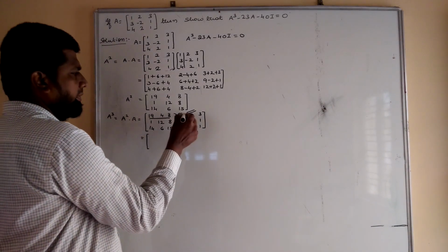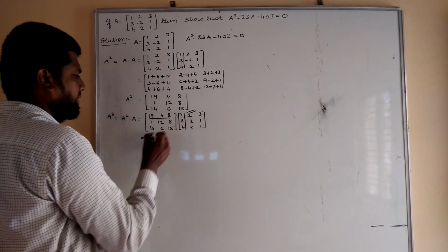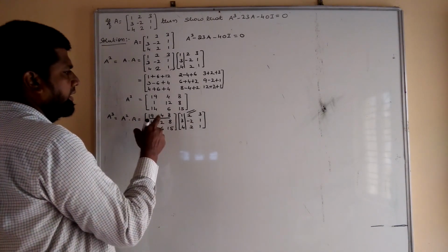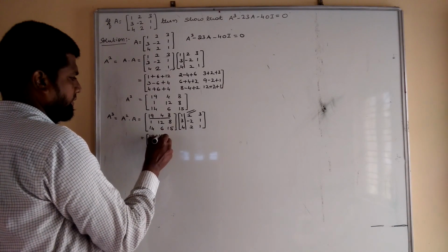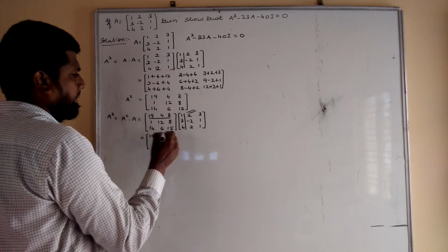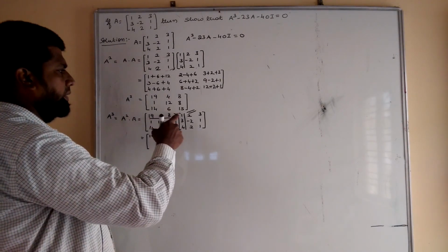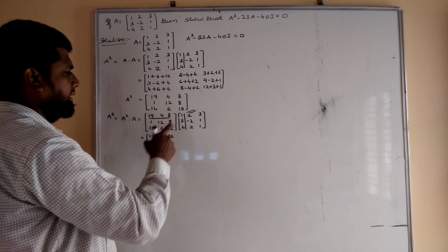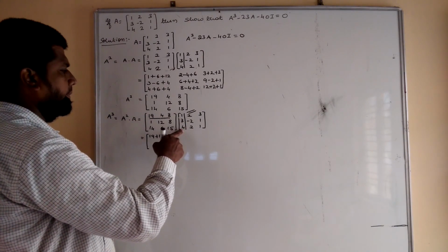First row should be multiplied with first column. 19 into 1 is 19. 4 3s are 12. Then 8 4s are 32.